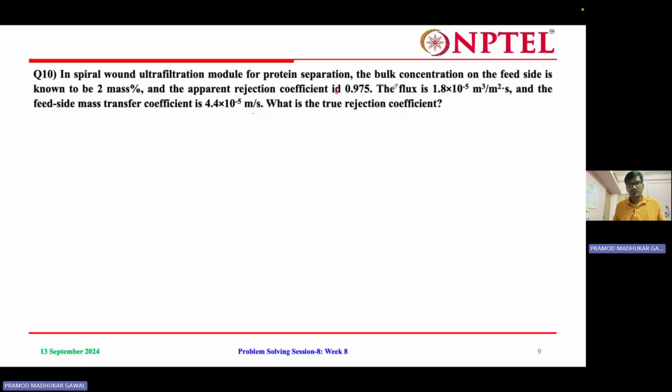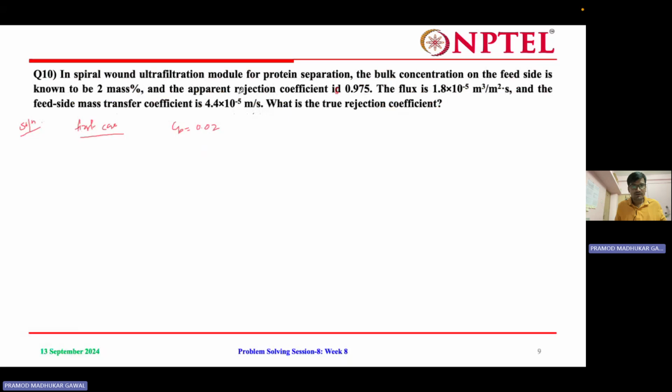So in this question, the bulk concentration is given, that is Cb, right? So here there are two cases. First case, Cb given 0.02 mass fraction, right?